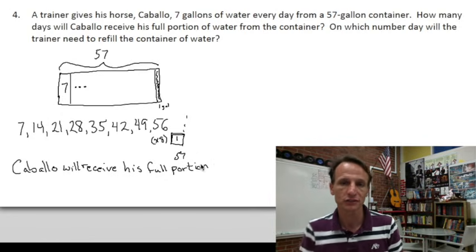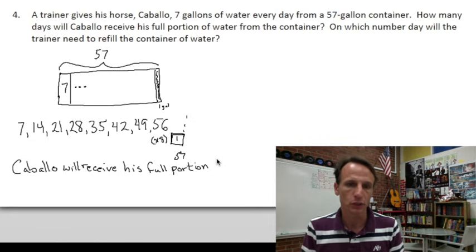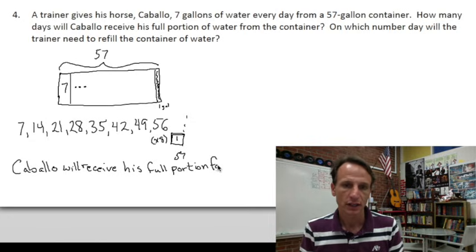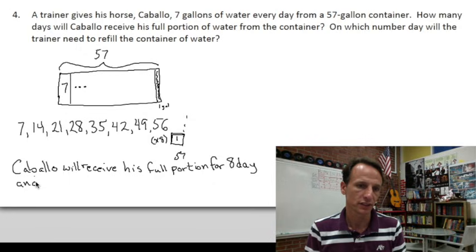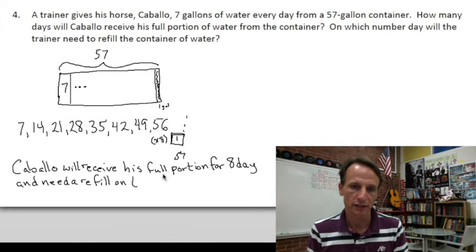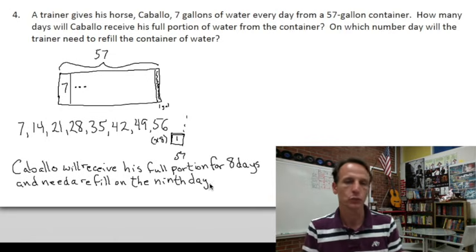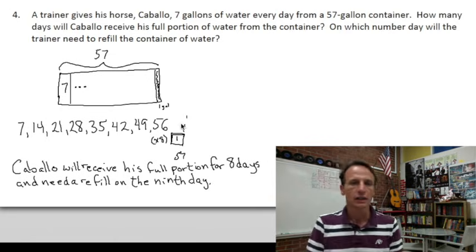Caballo will receive his full portion for 8 days, and need a refill on the 9th day, where he only has 1 gallon remaining there.